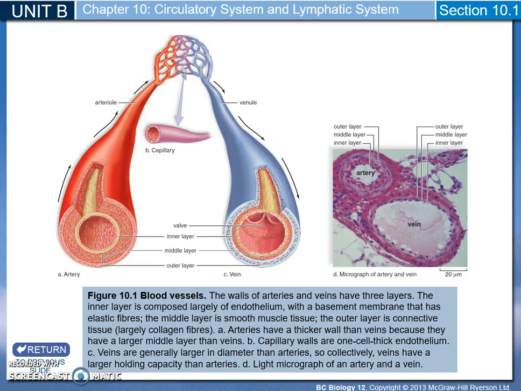The vein, you can see in this case, is quite distended, and that's typical of the structure of arteries and veins. When veins don't have that much blood in them, they tend to just shrink up and collapse. Arteries tend not to do that quite so much. That'll cover the basics of the blood vessels, and we will continue to look further into the circulatory system.